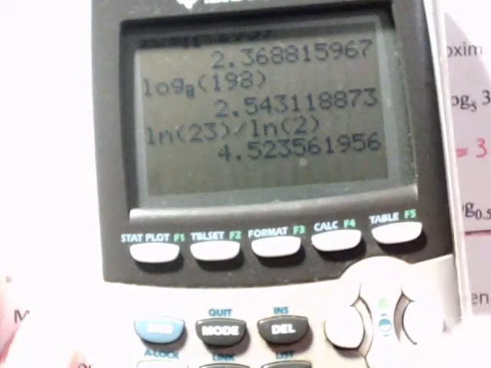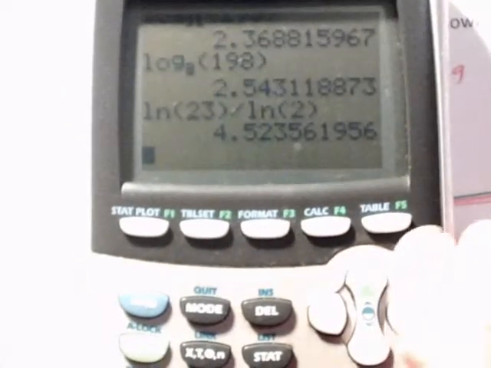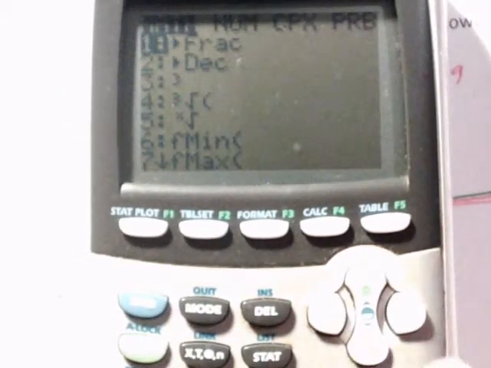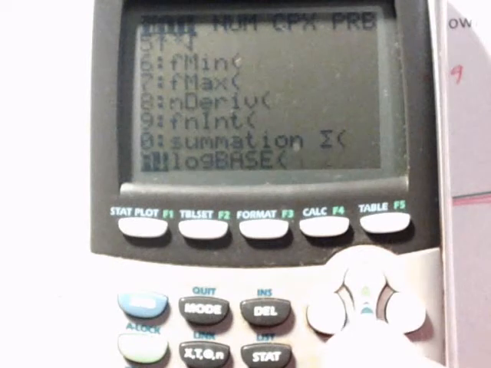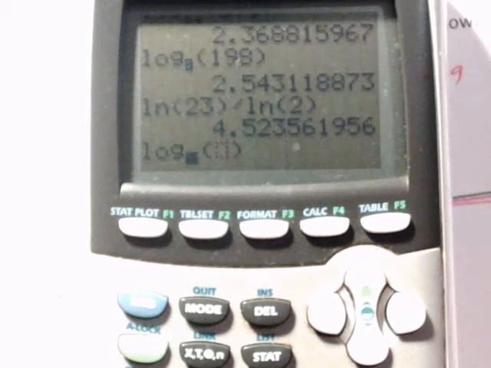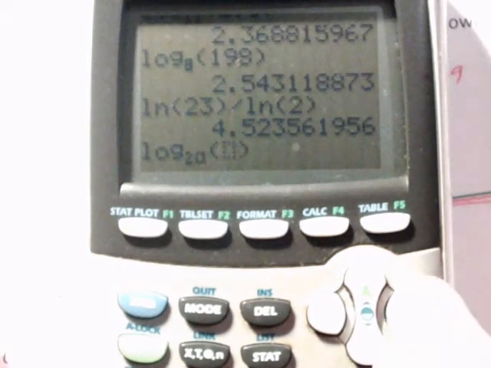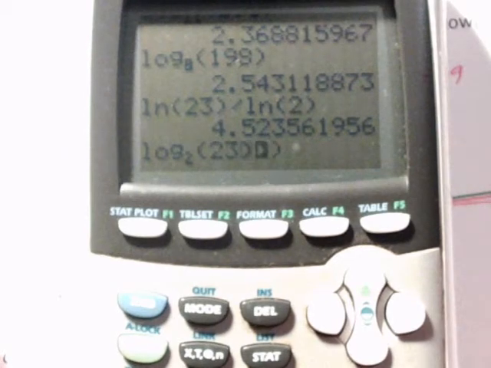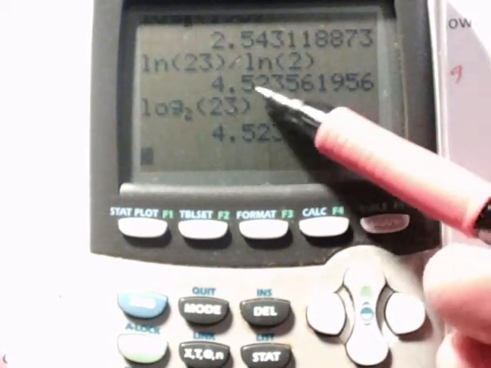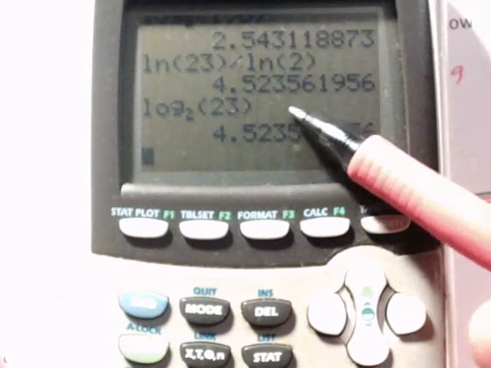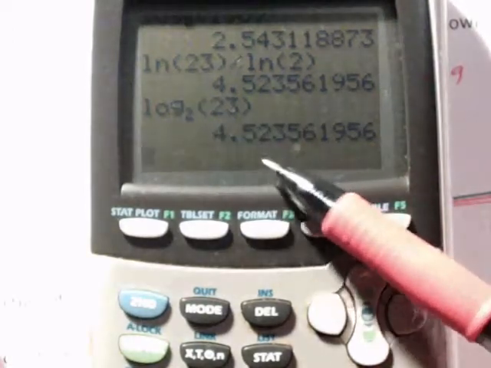Now if I use the other technique, the other feature, I go to math, log base, the base is 2, 23, I get the same number, you see. So if you have that feature in your calculator, just do it directly. If you don't, then use this formula here.